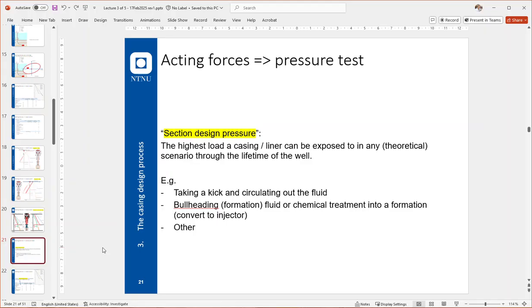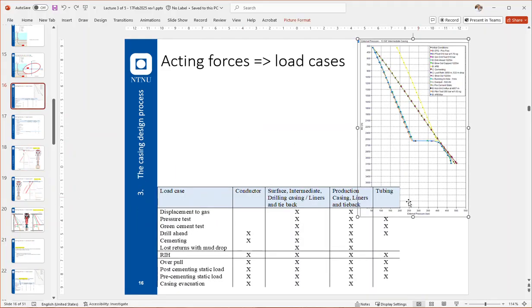I was a little bit confusing myself, I think, saying that section design pressure, it's a combination of anything along the string. It needs to be so high, this section design pressure, that it goes beyond any of these curves, any load.